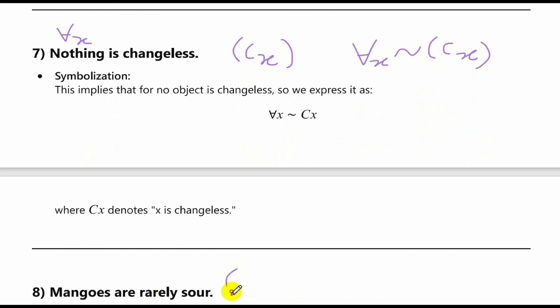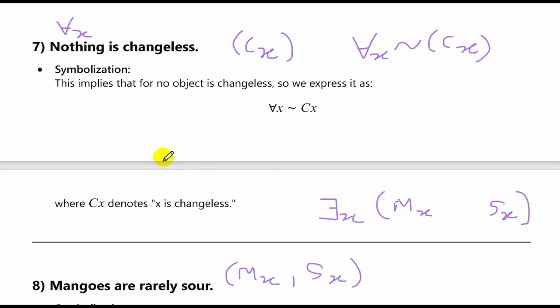Mangoes are rarely sour. So they may give MX and SX. Rarely, if you have to put it in a correct sense, we say sometimes. So it will be an existential quantifier. Now we need to determine the relation and whether negation has to be put. It means there exists a mango which is sour.